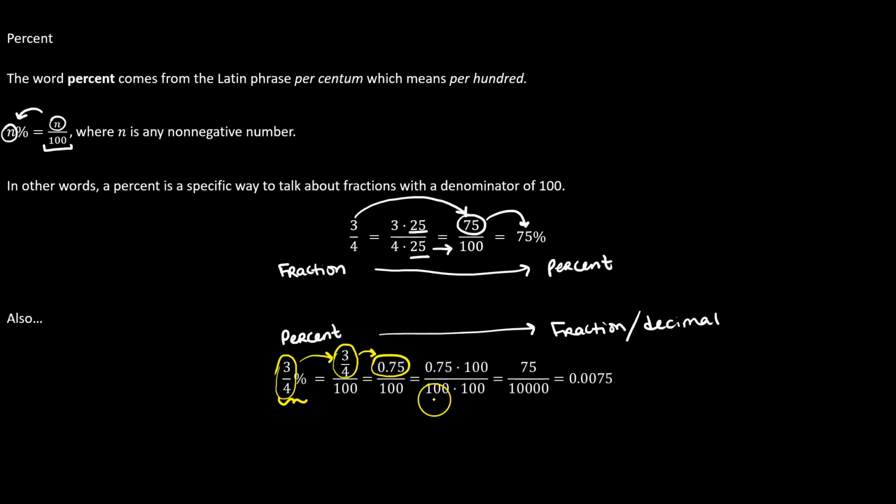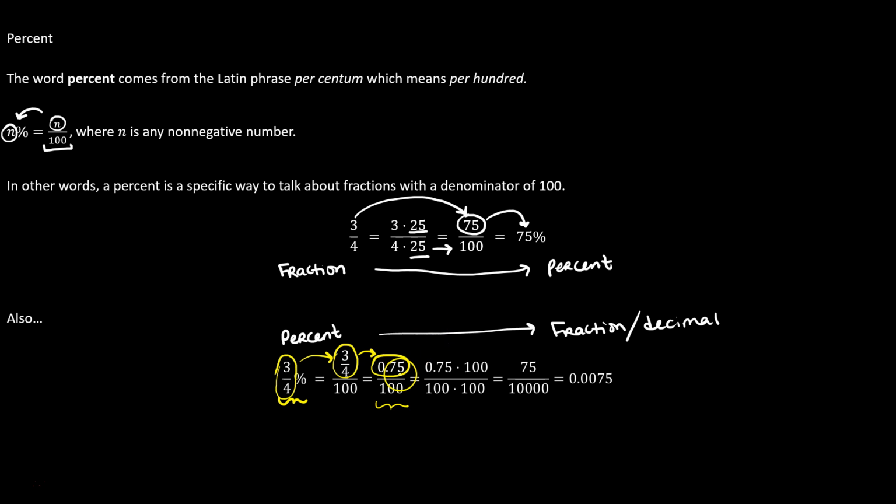Then from here, we say, okay, technically, this is a percent notation. We have a denominator of 100. But remember, we're moving away from the percent and heading towards a fraction or a decimal. And having a decimal in the numerator, that's too much. We don't like to have fractions inside of fractions. We don't like to have decimals inside of fractions.